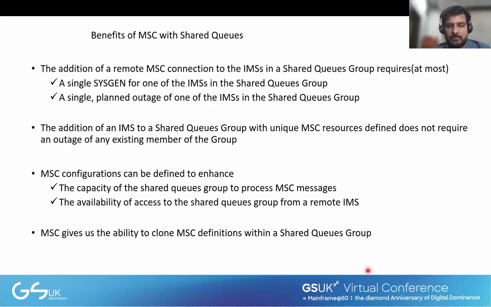For shared queues, a system admin has to decide what size of structures to build in the coupling facility, and how many MPR regions a single IMS should have. So as you said, if there are 3 IMSs and 2 IMS systems fail, and there is load on only a single IMS, we have to increase the MPR regions.